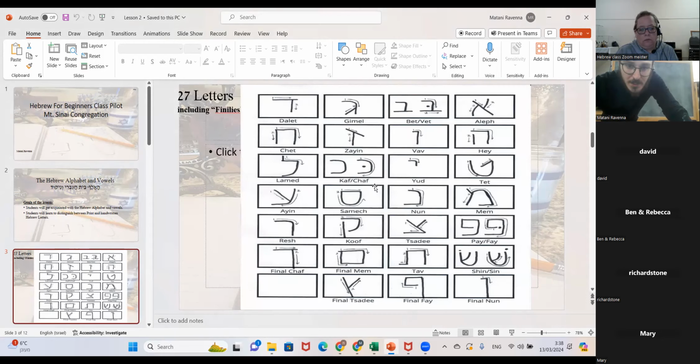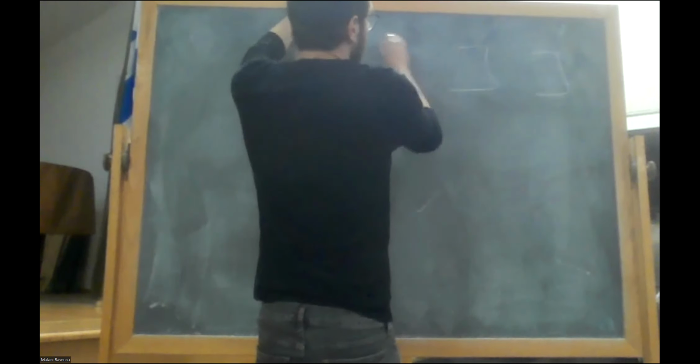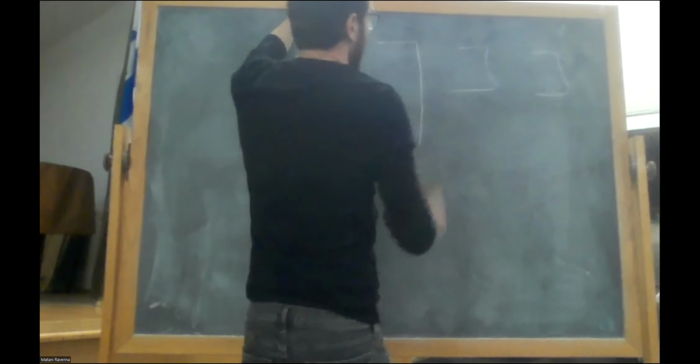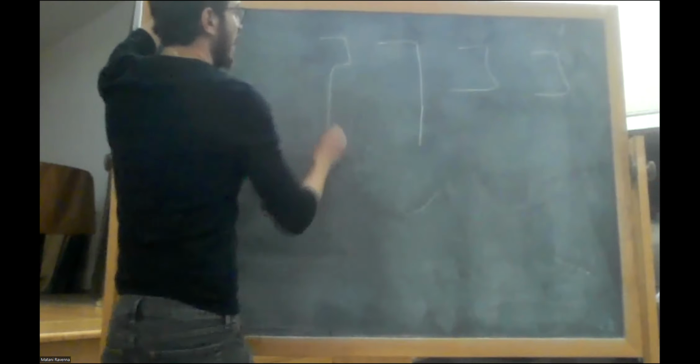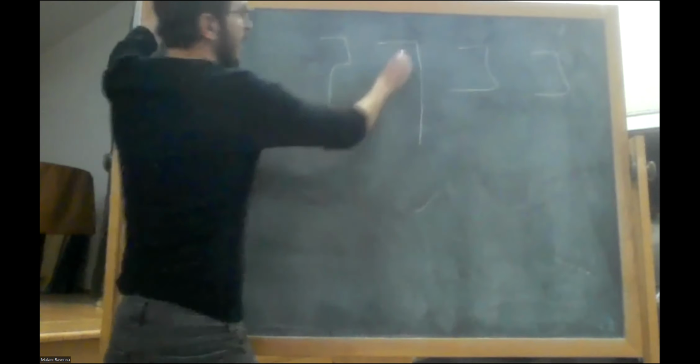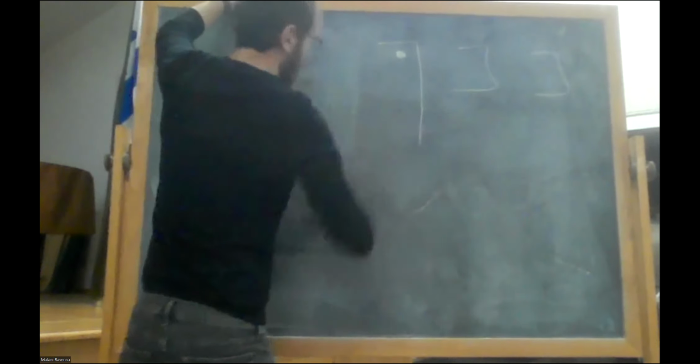So the reason why I bring this up is because it made me forget some stuff. Chaf, for example, as you can see on the picture, it gives you both versions, and then in the end, it gives you the final. Chaf has a final version. You will either see it like this or like this. It will do the same thing with or without an emphasis. It's a bit more clear.